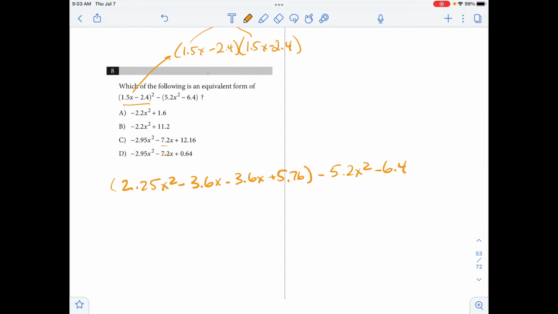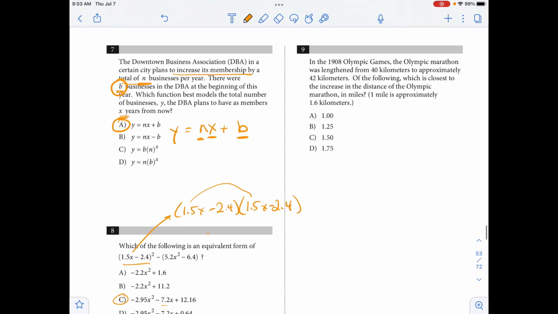Now it just becomes a matter of combining the like terms. And when you do that, you get negative 2.95x squared minus 7.2x plus 12.16. And that gives us letter C. So this is a matter of just plugging it in, figuring out which one works best. Almost the opposite of number 7.